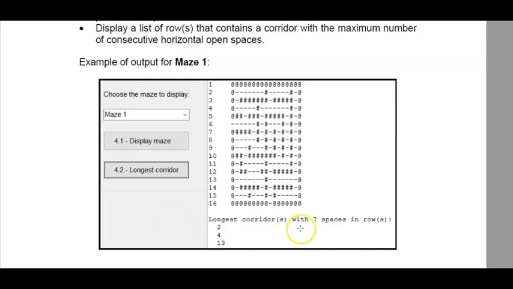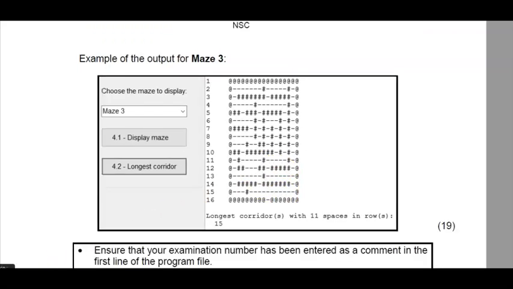Maze 1, the longest corridor, had 7 spaces, but rows 2, 4, and 13 contained 7 spaces. The trick here was also that row 13 contained 2 sets of 7 spaces, and you didn't want to display 13 twice, you wanted to display 13 only once.